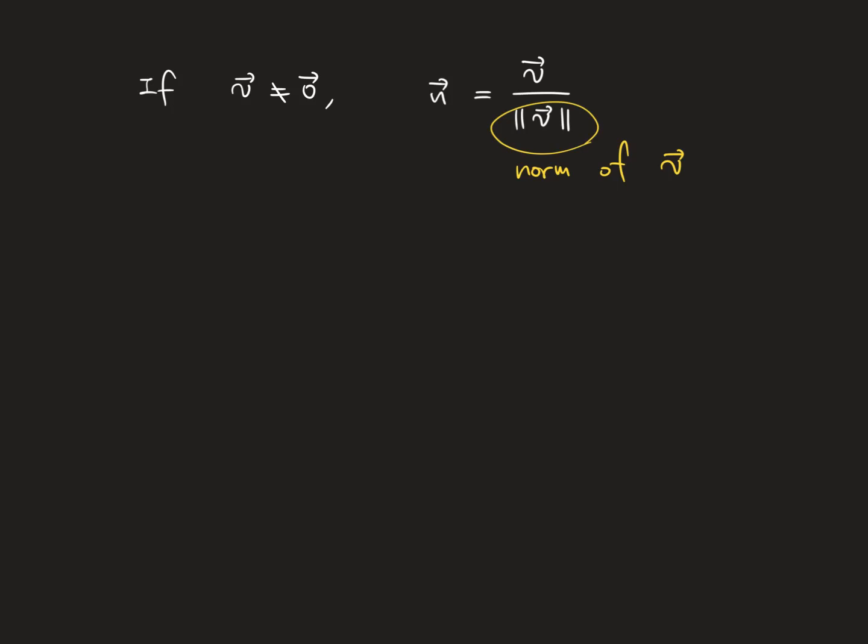Okay, so we can normalize. Right now, this u vector is a unit vector because the norm of u is equal to 1. This process is called normalization.